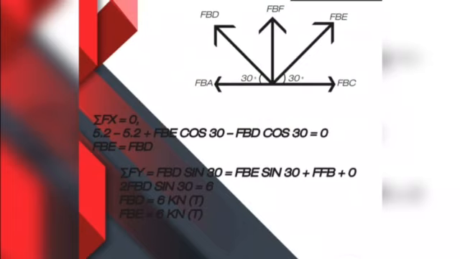Sigma Fy: FBD sin 13 plus FBE sin 13 equals FFB. So 2 FBD sin 13 equals 6. FBD equals 6 kN tension, and FBE equals 6 kN tension.